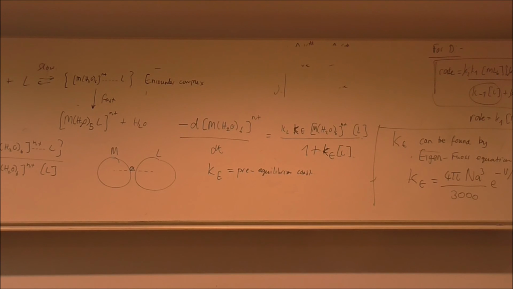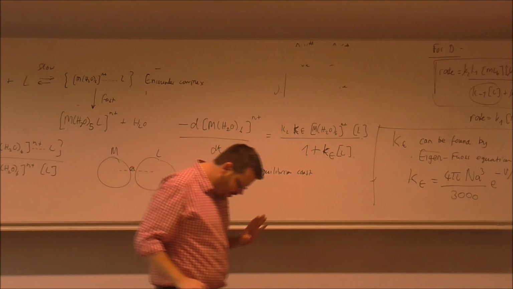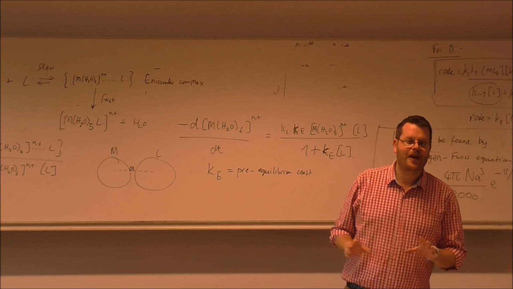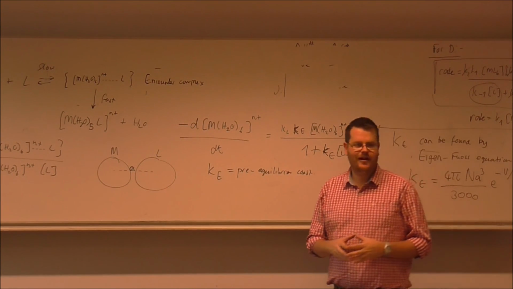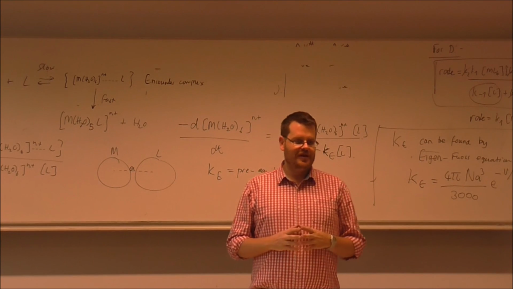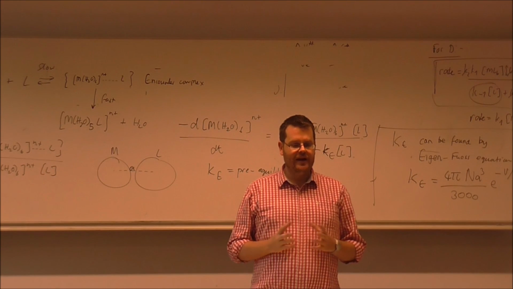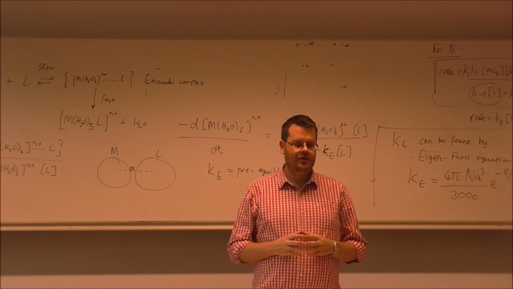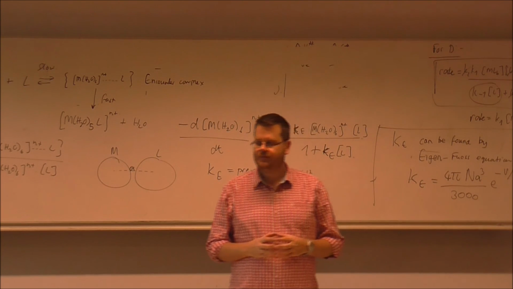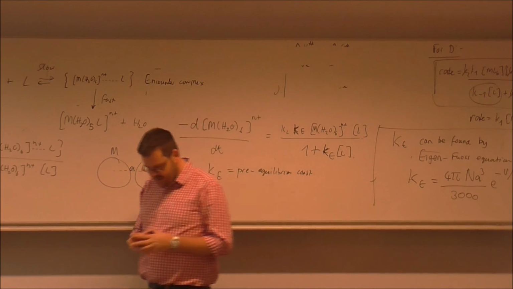Let's say we've got two experiments. In one we take ammonia, and in the other we take trimethylamine, and we use the Eigen-Fuoss equation to evaluate the Ke. Which will have a bigger Ke value, trimethylamine or ammonia? Yes, because it's bigger, exactly.